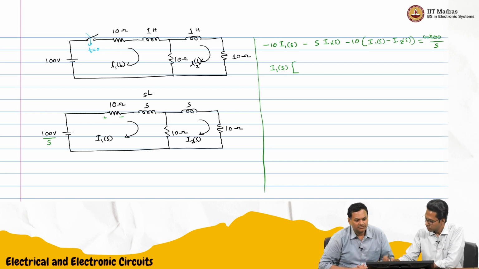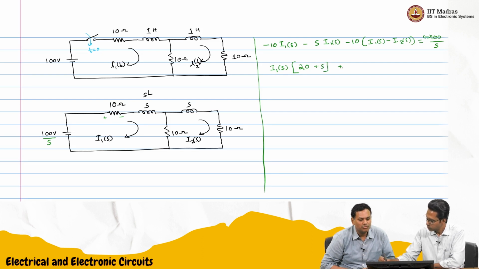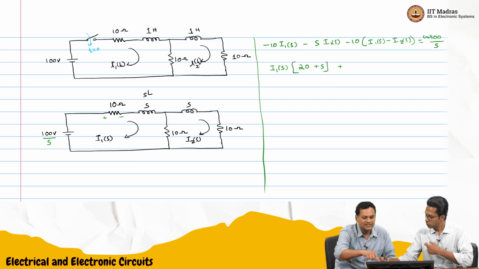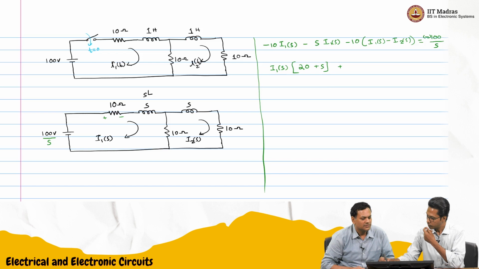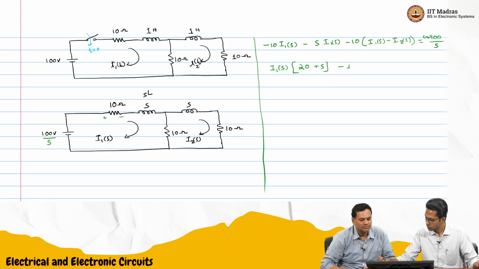So I1 of S: there is a 10 here and another 10 here, so that is 20 plus S. Then plus 10 into minus I2 of S, so minus 10 I2 of S, equal to 100 by S. This is one equation.